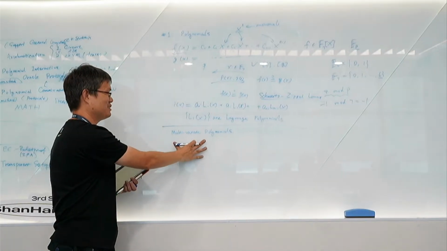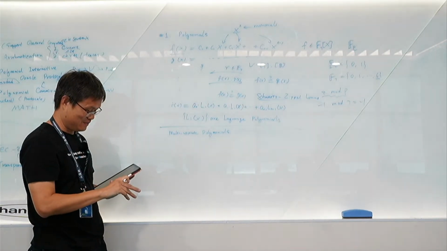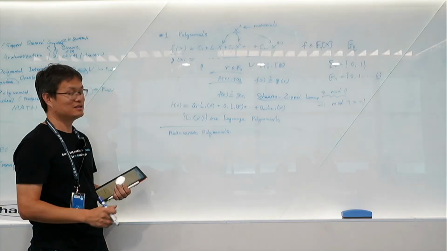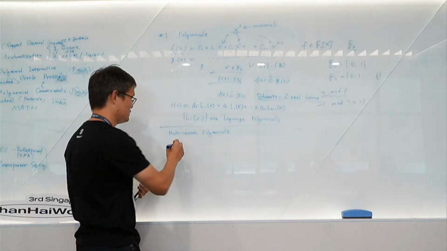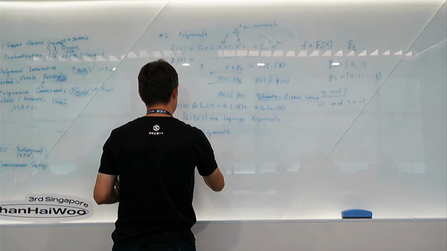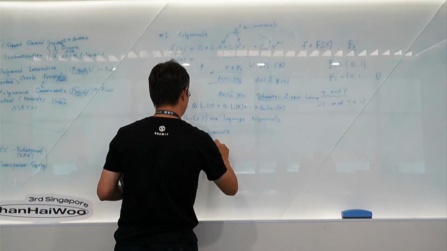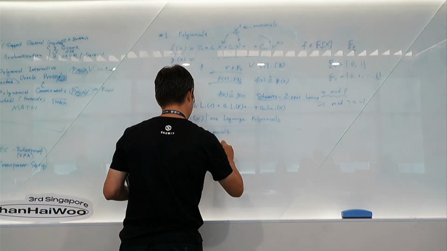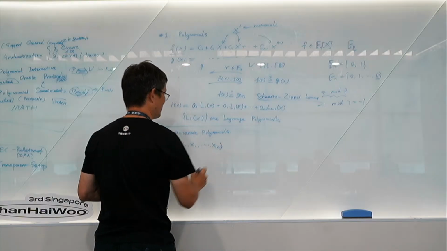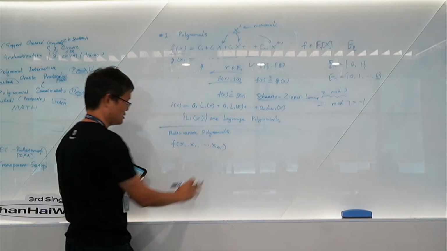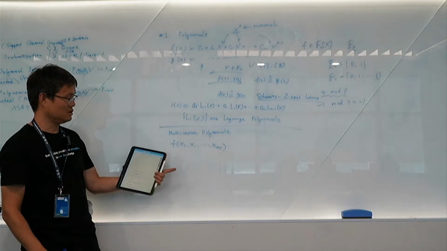But here, with multivariate polynomials, things get different. For example, a polynomial like f(x0, x1, up to x_{k-1}), we have basically k different variables. Okay, polynomial.